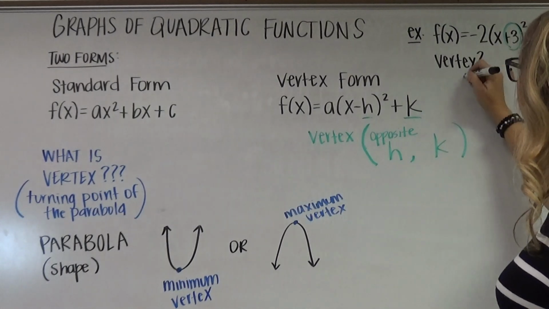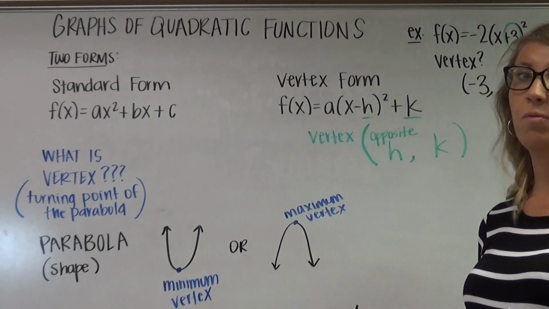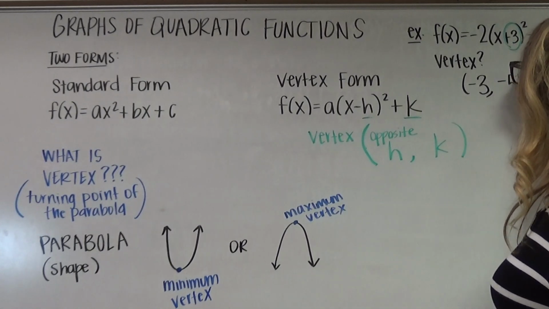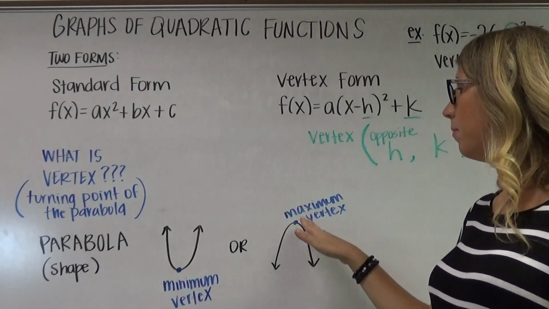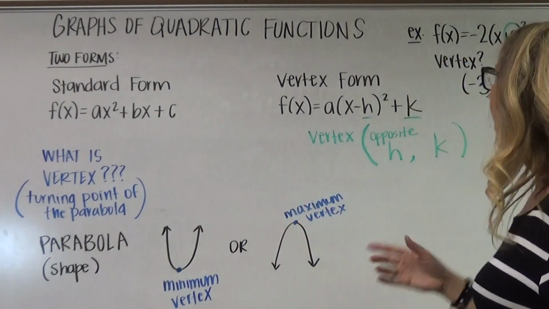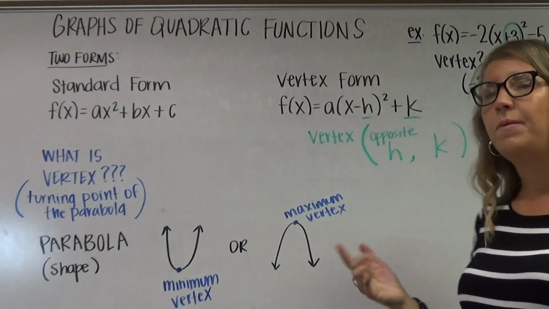So opposite of +3 would be -3. And then K, the way it stands, -5. And that tells me that that vertex point, that either minimum or maximum point of this graph, is at -3, -5.